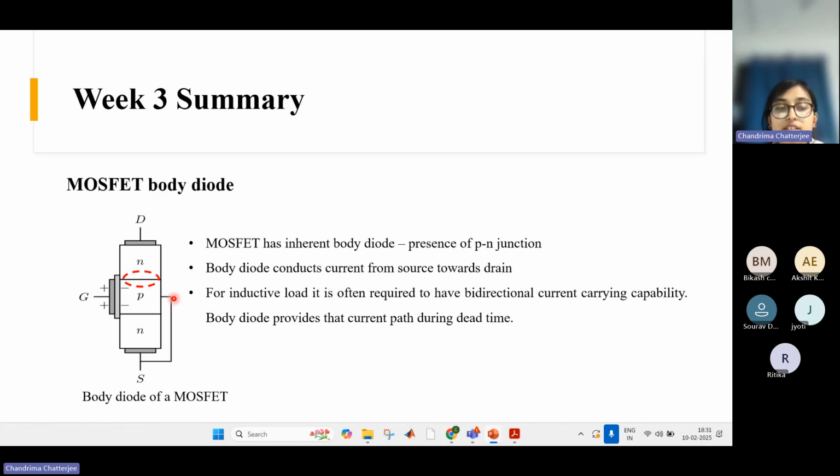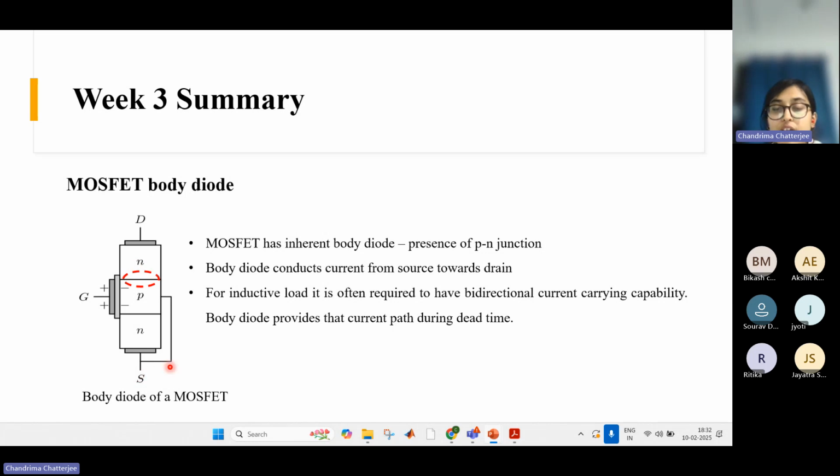So what happens then? What it signifies is that if you see this portion here, we have a PN junction, right? So from source towards drain, we will have a diode because there is a PN junction present and this P is connected to the source. That's why from source to drain, there will be a diode. So even though you have withdrawn the pulse and the MOSFET channel is not formed, current can still flow from source to drain via this PN junction.